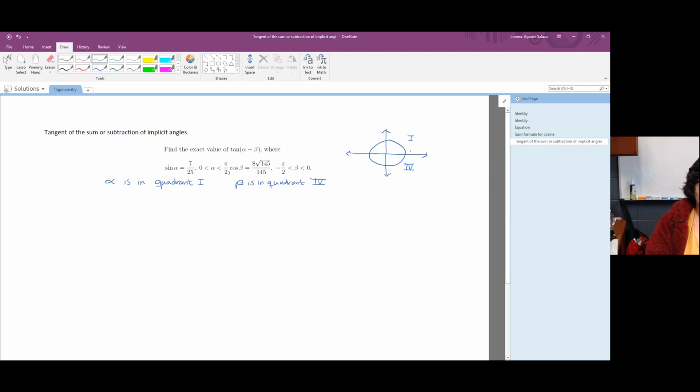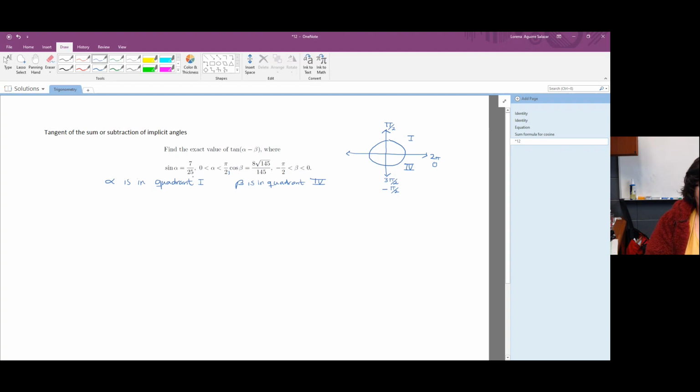And alpha is in quadrant 1 and beta is in quadrant 4 because quadrant 1 is composed of angles going between 0 and pi over 2, and quadrant 4 is composed of angles going from 3 pi over 2 to 2 pi, or if we work with negative angles, we have minus pi over 2 to 0.